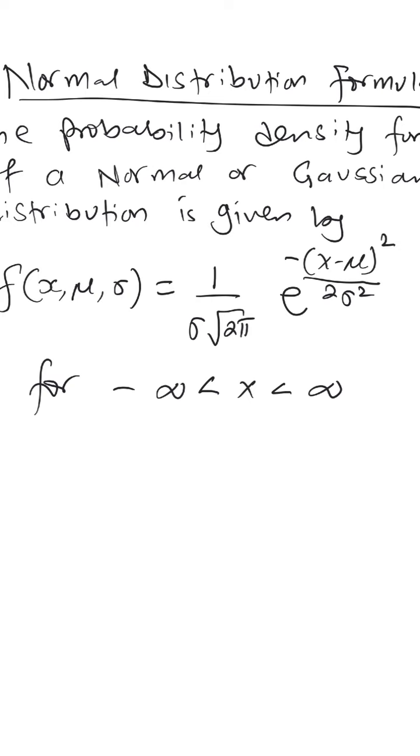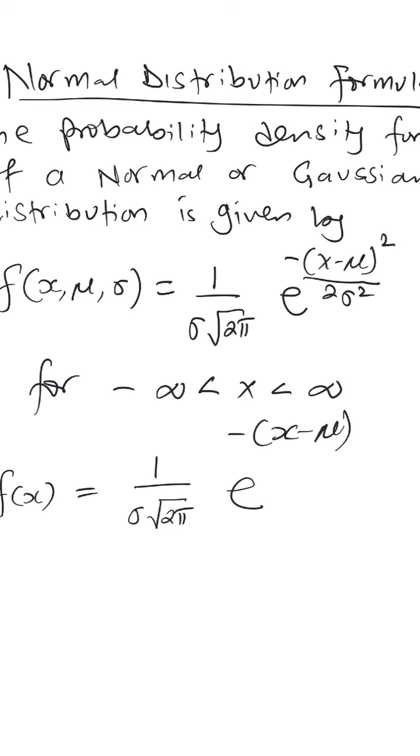No. Okay, so most books write f of x, mu and sigma as simply f of x equal to 1 divided by sigma root of 2 pi, then the exponent of minus (x minus mu) squared divided by 2 sigma squared.